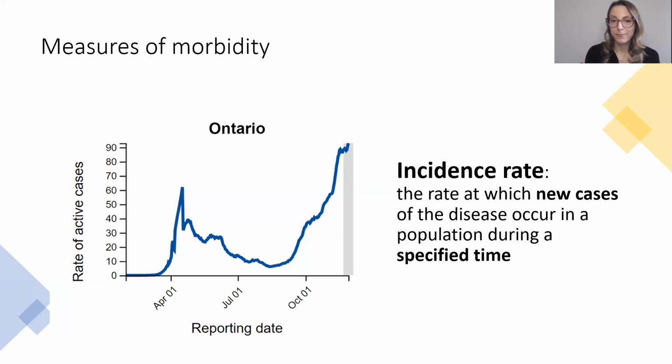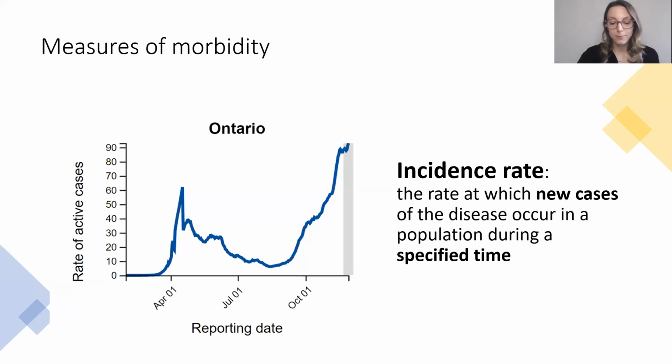If you do have COVID once, we're not sure how much time passes before you might be susceptible to getting it again. But for the most part, most infectious diseases you can get a second time, which means you can be an incident case again. But for chronic diseases, usually you're only considered an incident case once.